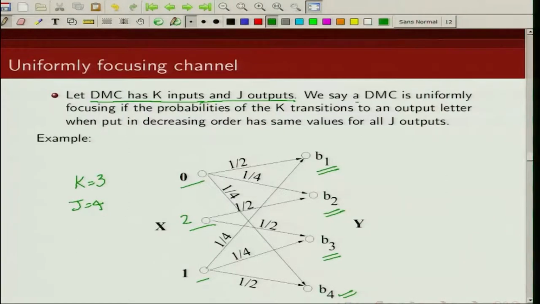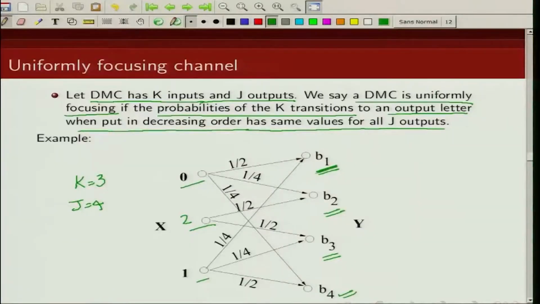Now we say a discrete memoryless channel is uniformly focusing if the probabilities of k transitions to an output letter, when put in decreasing order, have the same values for all j outputs. So what we need to do is look at the output letters B1, B2, B3 and B4 and look at the probabilities of k transitions to each output letter.